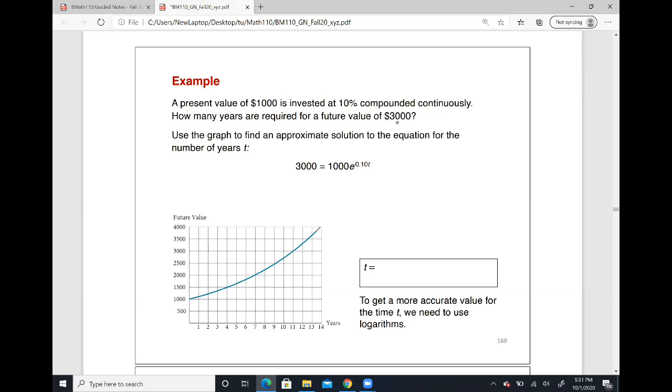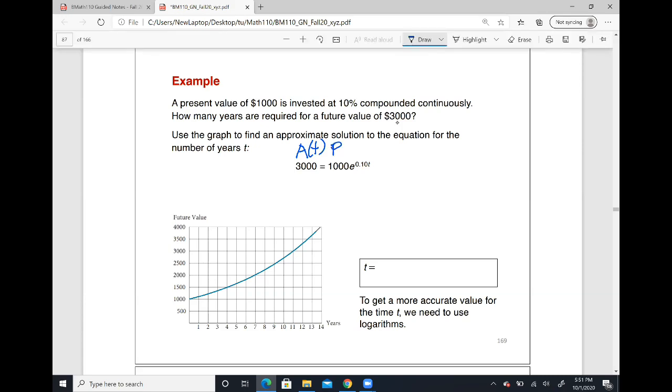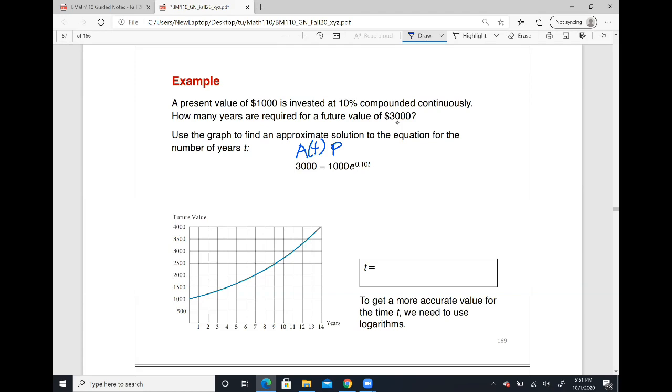We know the future amount is 3,000 and the initial amount is 1,000. So the equation has to be 3,000 equal to 1,000 times e to the power 0.10t, because the rate here is 10%, so 0.1.